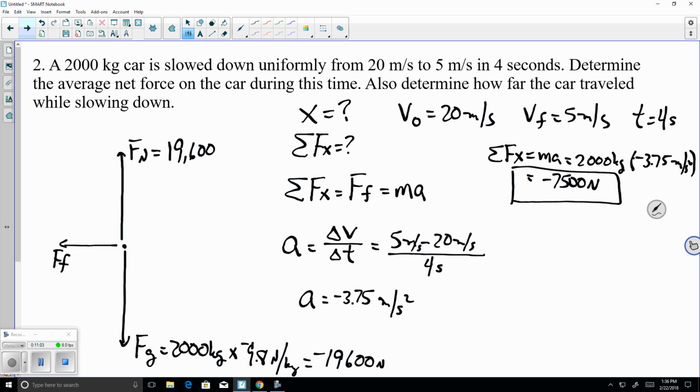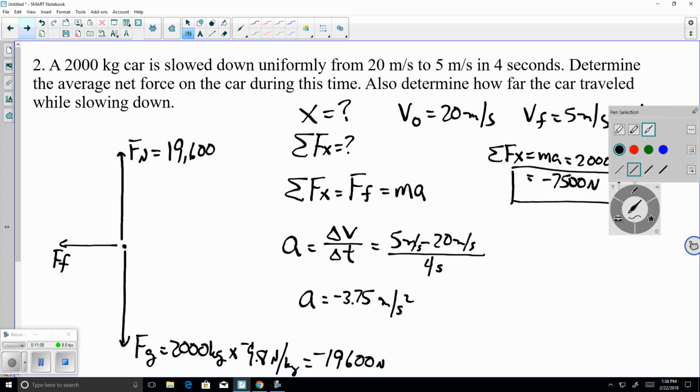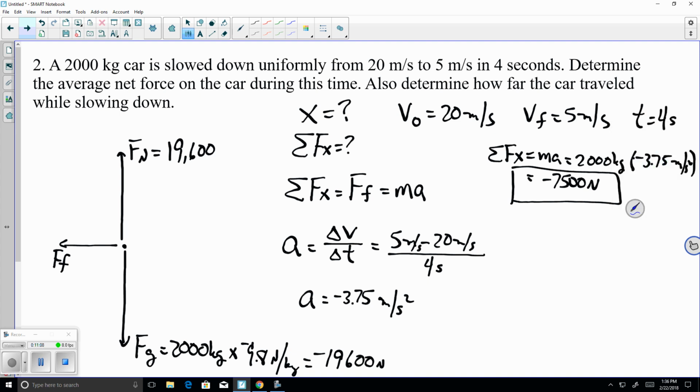And to plug that one in, I'm just going to change colors here so it's a little easier to follow where I'm at on the screen. So the formula I'm going to use is VF squared equals VO squared plus 2A delta x. And I'm going to plug the numbers in then. So what I've got is 25.